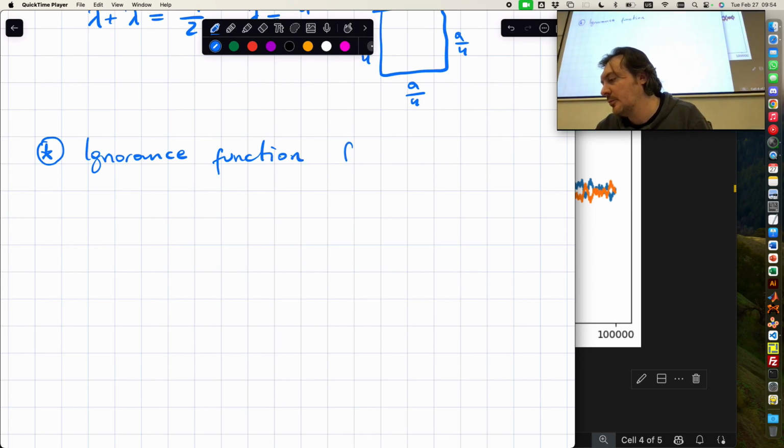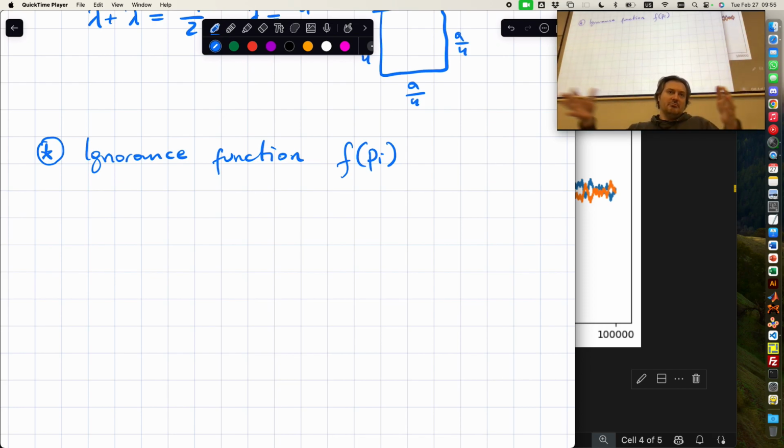That depends on the probability of the ith state. Okay? There are multiple states. It can be 0, it can be 1, 2, 3, 4, 5.